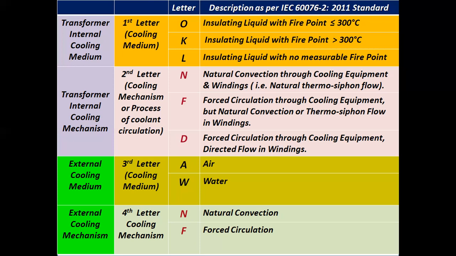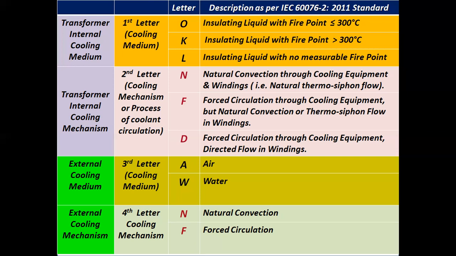Letter L indicates insulating liquid with no measurable fire point. Now, transformer internal cooling mechanism. First point is cooling medium. Second one, internal cooling mechanism.